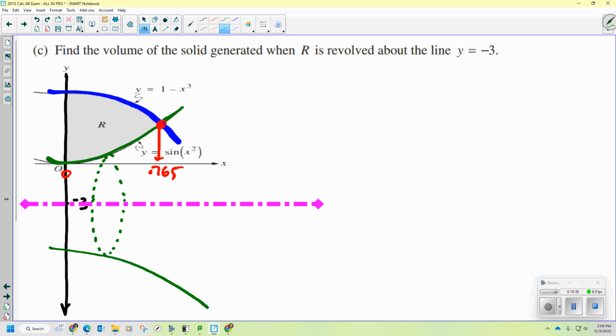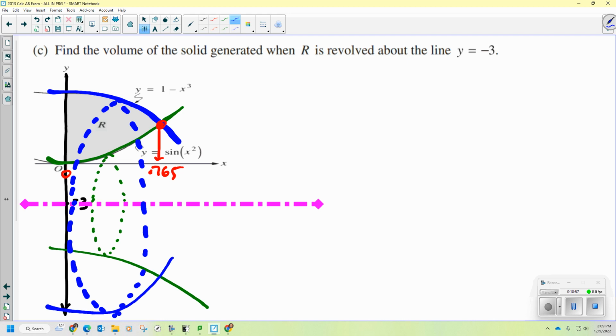And when my blue function rotates around y equals -3, it's going to come up here, and it's still going to intersect at this point here. Okay.